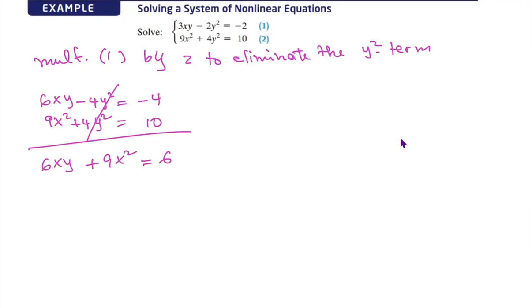And then we can even divide by 3. So we can get 2xy plus 3x squared equals 2.